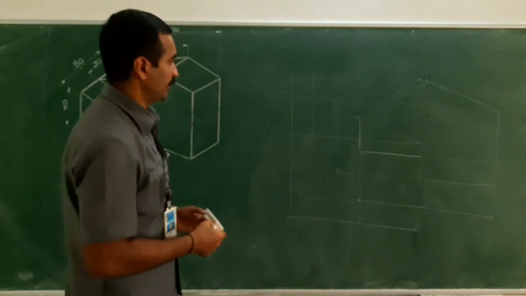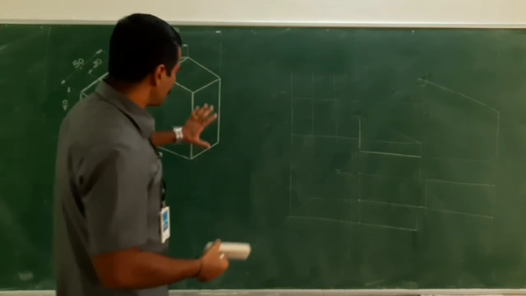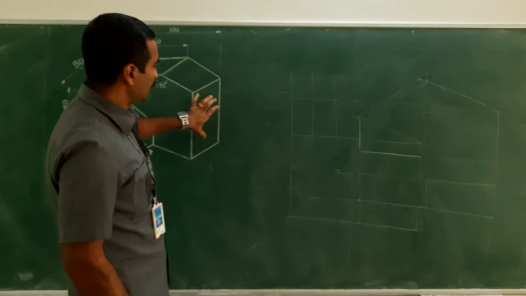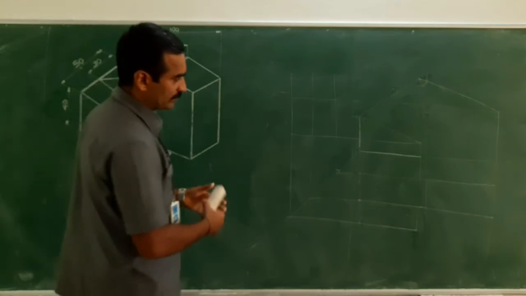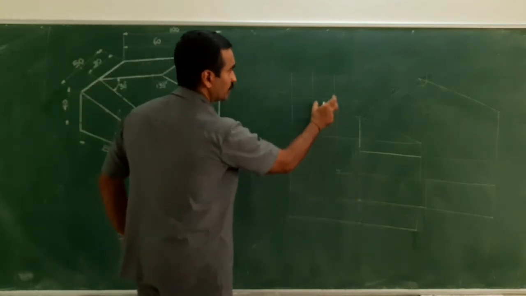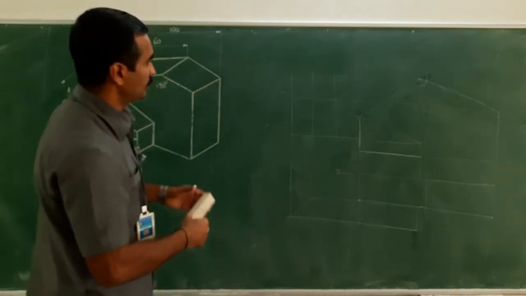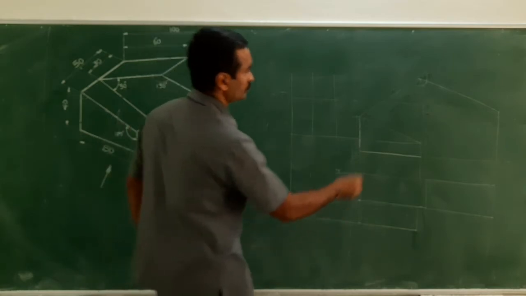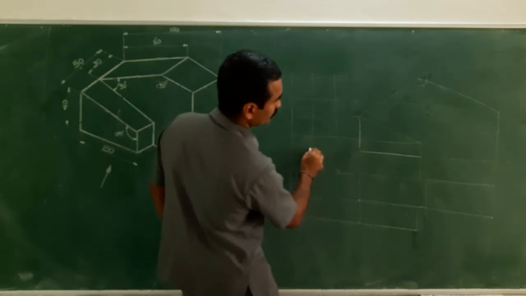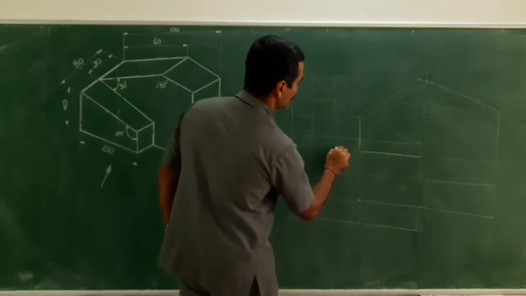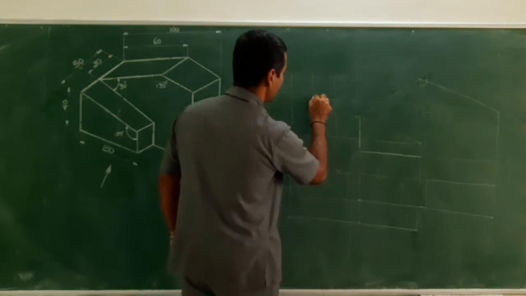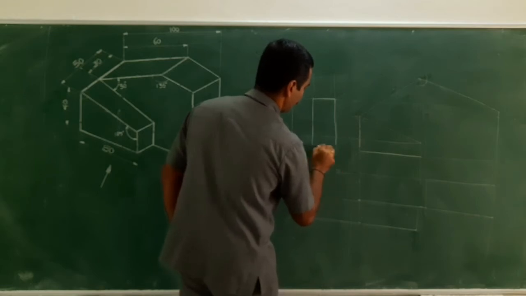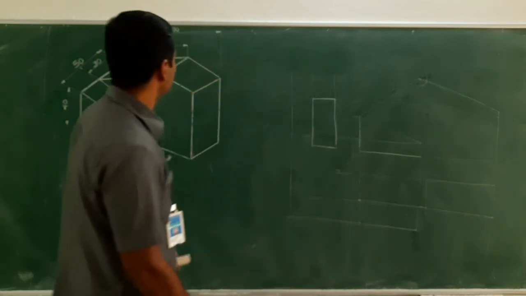Correct? Right. So now when I look at it from here, there is a side view, right? When I look from here, this portion is visible. That means extended from here, the maximum height, this is up to here, right? Yes. So this portion is visible. Right?